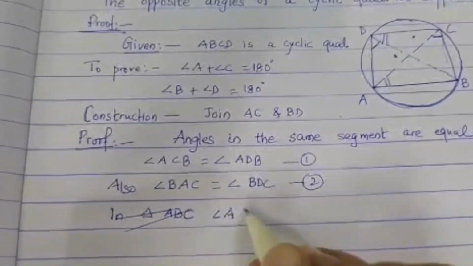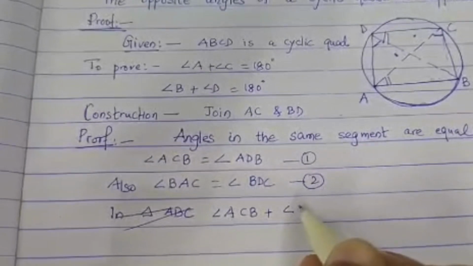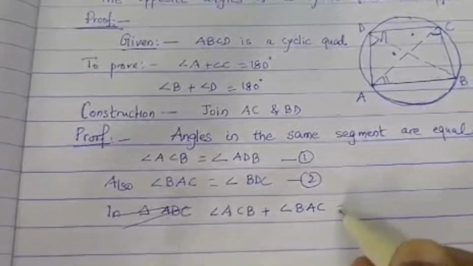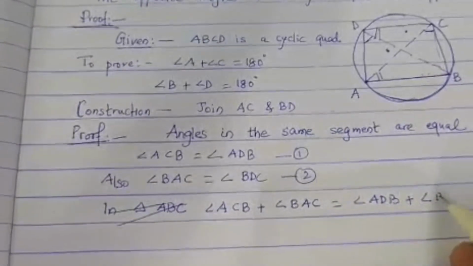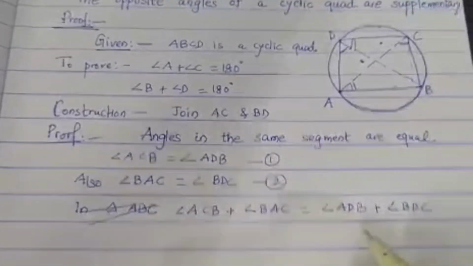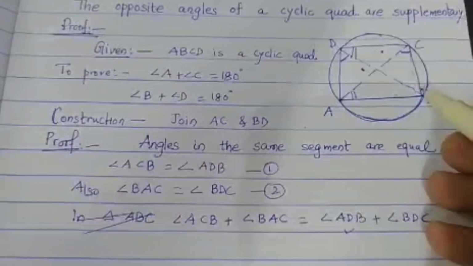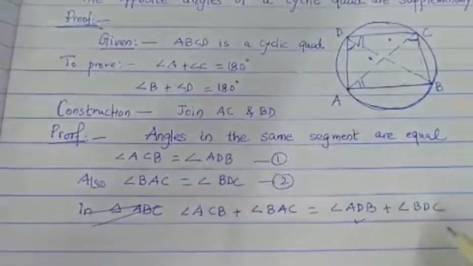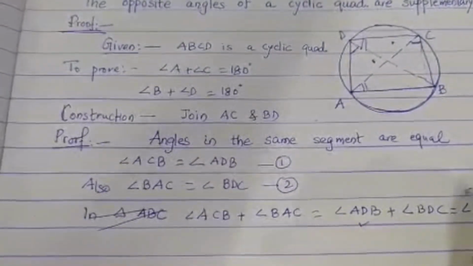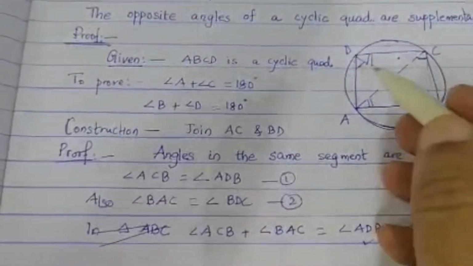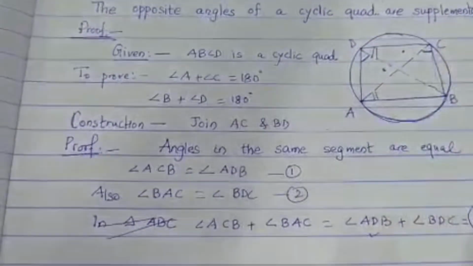Adding, we will get angle ACB plus angle BAC is equal to angle ADB plus angle BDC. Angle ADB plus angle BDC means angle ADC. You can see from here, this angle plus this angle is equal to angle ADC.